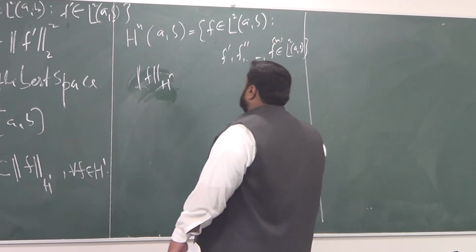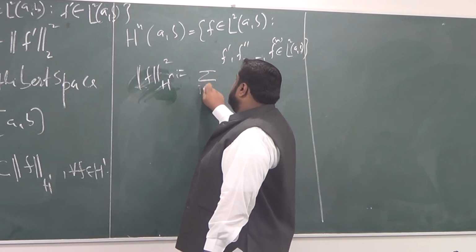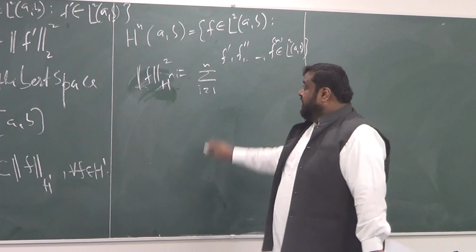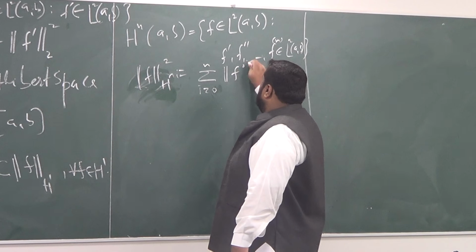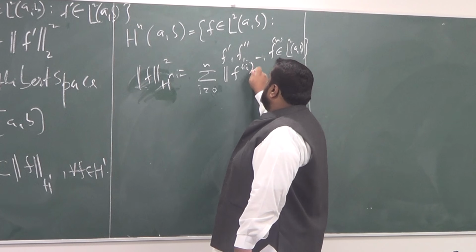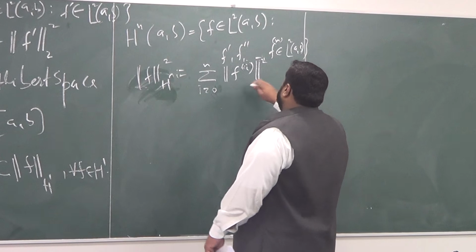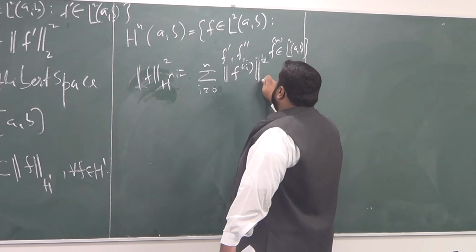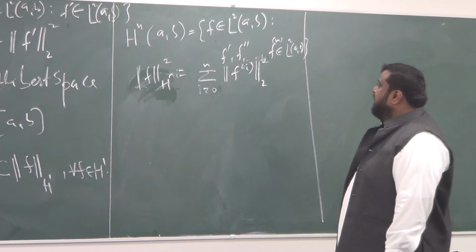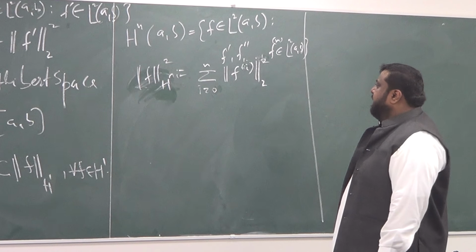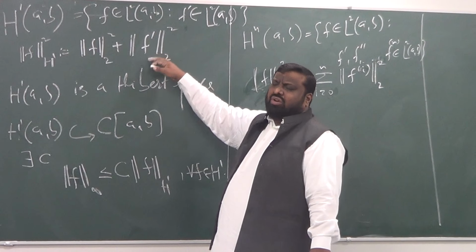So the norm on that Sobolev space is defined as a sum from r equal to 0 to n of the squared L2 norms of the r-th weak derivatives. It is the analog of what we did in H1.